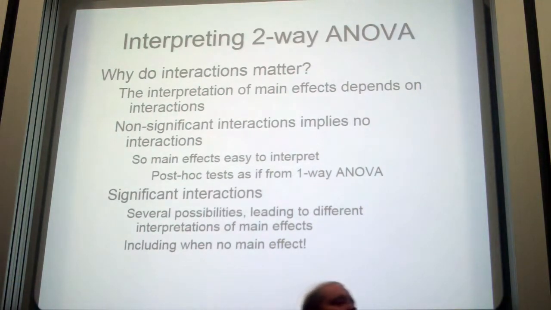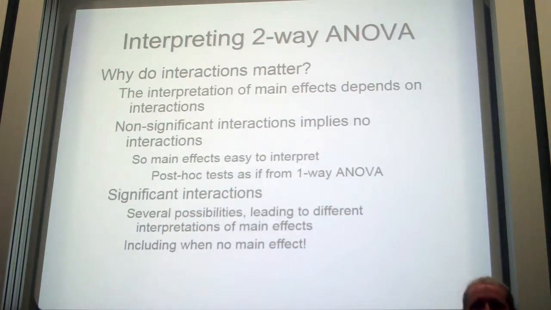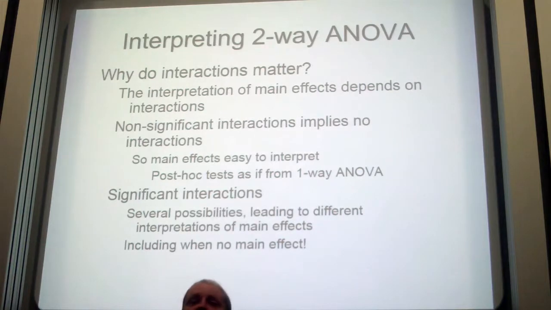You've just got the main effects to deal with. You treat those exactly in the same way as you do for a one-way ANOVA. You've just got two sets of them to do, possibly if they're both significant. But if you've got a significant interaction, there are several possibilities that will lead to different interpretations of the main effects, including, incidentally, when there is no main effect.